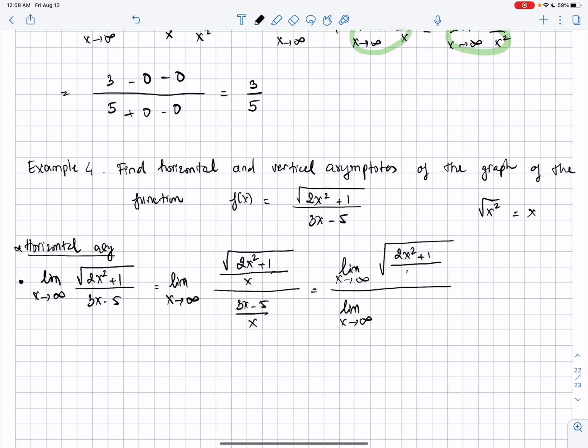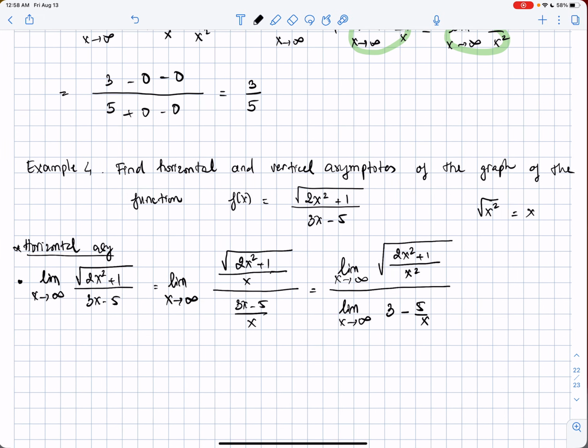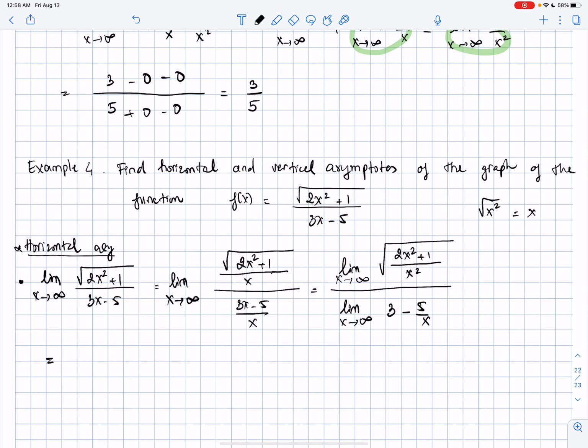So you get the square root of 2x squared plus 1 over x squared, and you have 3 minus 5 over x. For the top, we will take the square root outside of the limit. So we will do the limit as x approaches infinity.